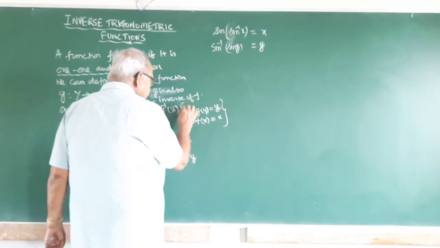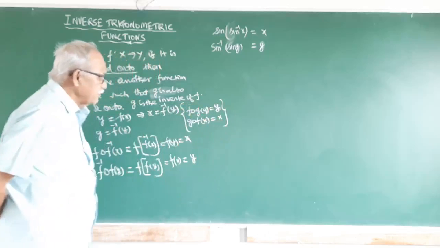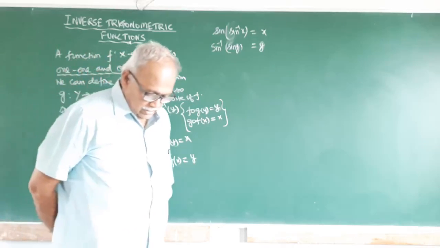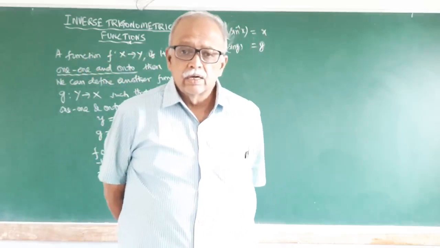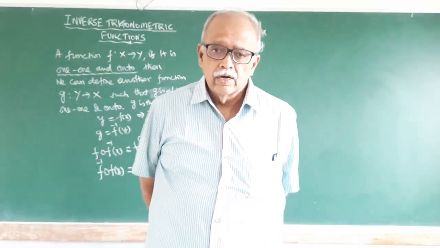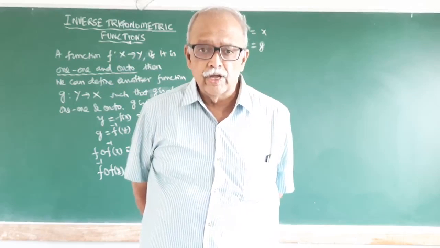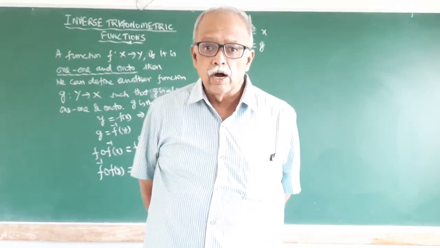So this is the meaning here. The book definition uses composition of functions, but that does not give us an idea for defining sine inverse functions, because the sine function should be one-to-one and onto.